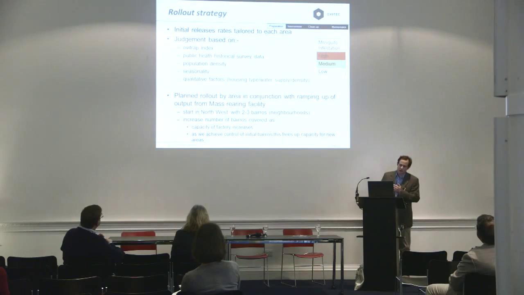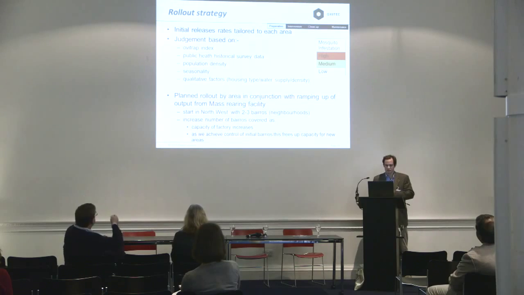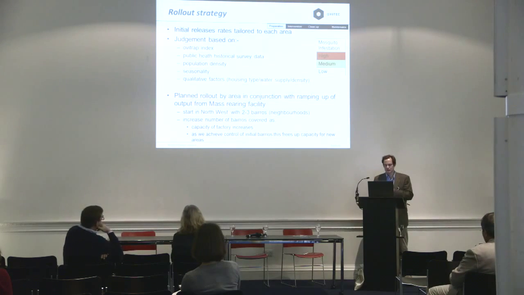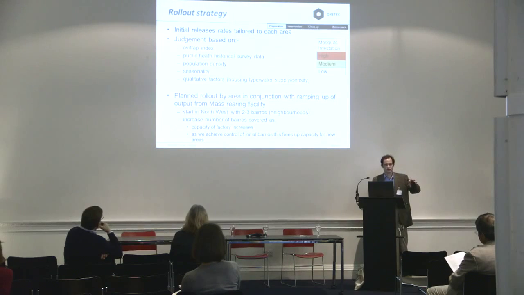And in order to roll out this strategy for a city, we don't try doing the whole city at once. We've broken it down into bite-sized chunks. And then we work out initial release rates for each one of those suburbs, which are tailored to the mosquito infestation.